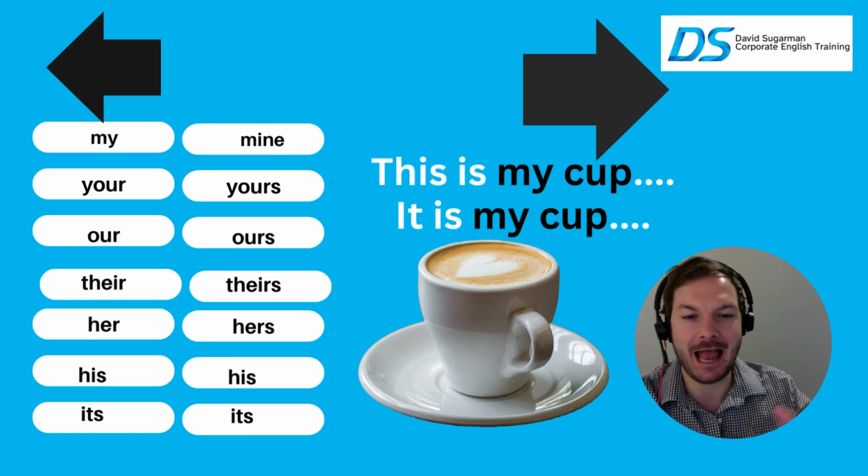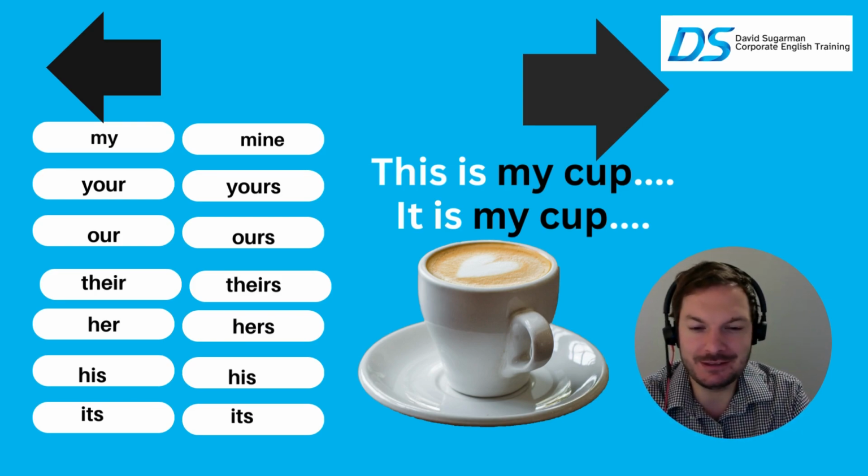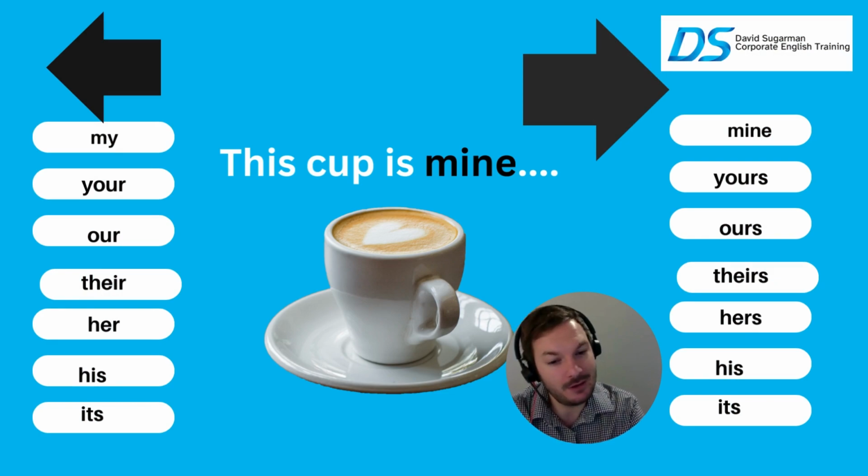It is my cup. Here I'm using the word my cup. But again, it goes in front of the noun. Now, look at this. I don't use my, I'm using mine. This cup is mine.